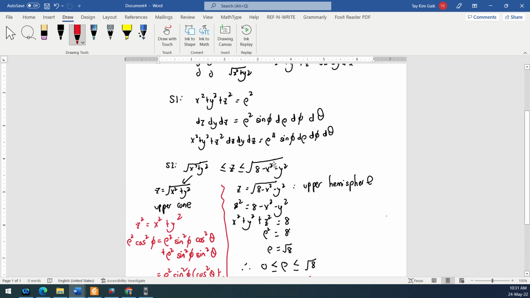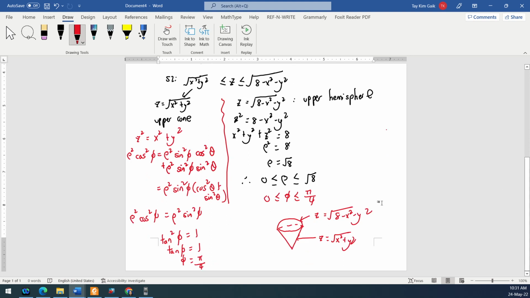The upper limit of z is the upper hemisphere. From the limit of z, this is an ice cream cone. Solving the upper hemisphere, you get the limit for rho, which is root 8. So the limit for rho is 0 to root 8, and the limit for phi is 0 to pi over 4.